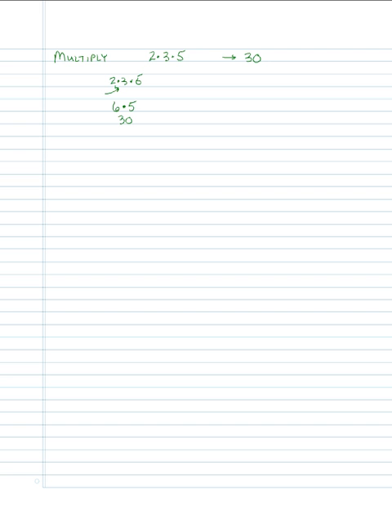Now, we could have, and maybe some of you did this, instead concentrated on this second multiplication and said, oh, well, 3 times 5 is 15. So we've got the 2 in front and the times, but we're replacing the 3 times 5 with a 15. And now we're doing 2 times 15, and of course we get 30.